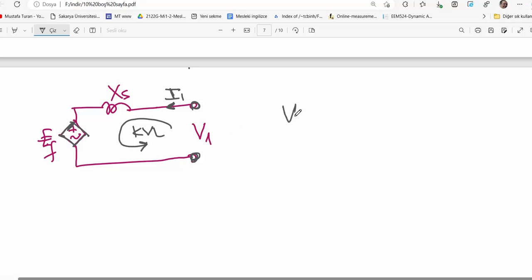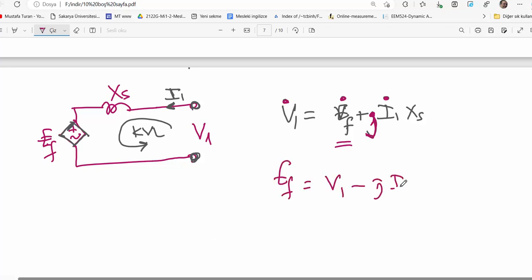Applied terminal voltage is equal to the summation of the voltages around the loop. Terminal voltage V1 equals EF plus I1 XS j, phasor. Please do not forget phasors and complex variables. Our mission is to find the RMS value of EMF. So EF is equal to V1 minus j I1 XS, phasor.